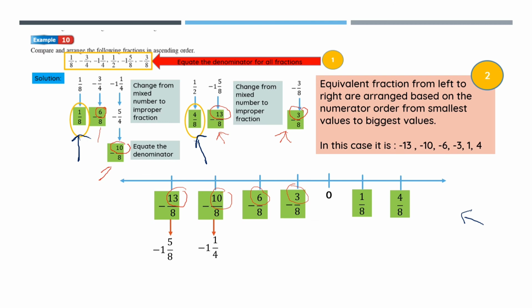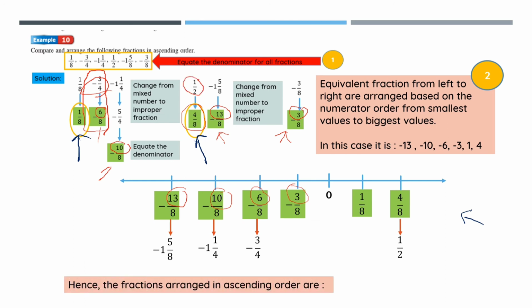Negative 10 over 8 is actually negative 1, 1 over 4. Next, negative 6 over 8 is negative 3 over 4. The original is negative 3 over 4. Next is 4 over 8. The original is 1 over 2. Hence, the fractions arranged in ascending order are: ascending order means from smaller value to larger value.